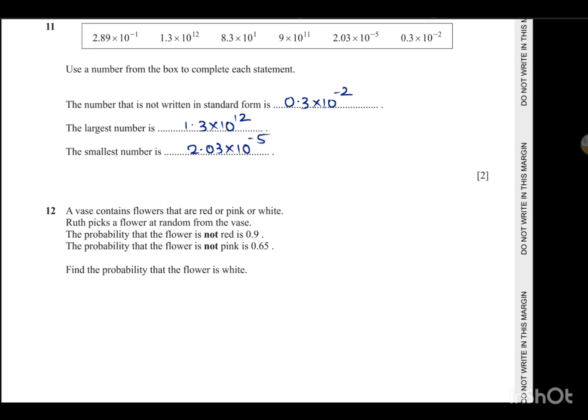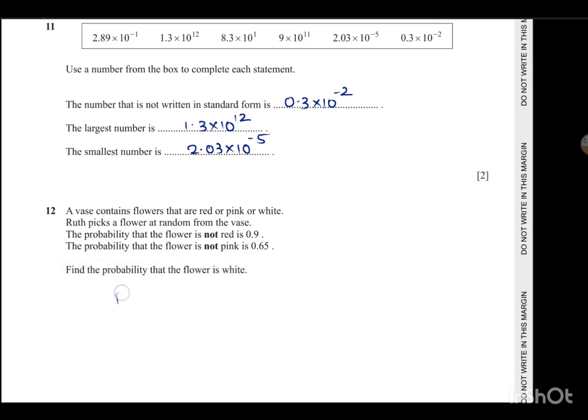Question number 12. A vase contains flowers that are red or pink or white. Ruth picks a flower at random from the vase. The probability that the flower is not red is 0.9. The probability that the flower is not pink is 0.65. Find the probability that the flower is white.